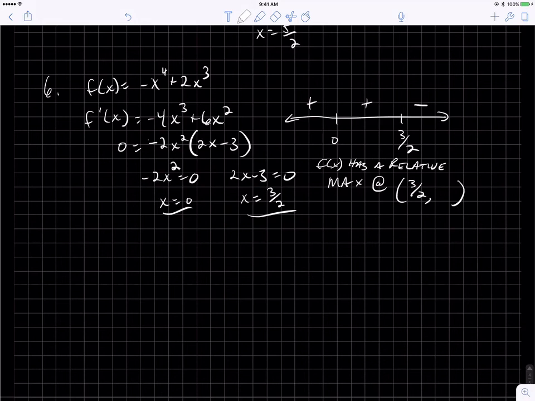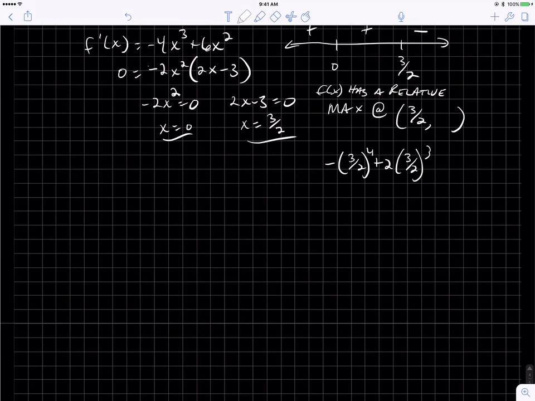So I plug it into the original. Negative (3/2) to the 4th plus 2 times (3/2) cubed. So what is that? 3 to the 4th is 81. 2 to the 4th is 16.